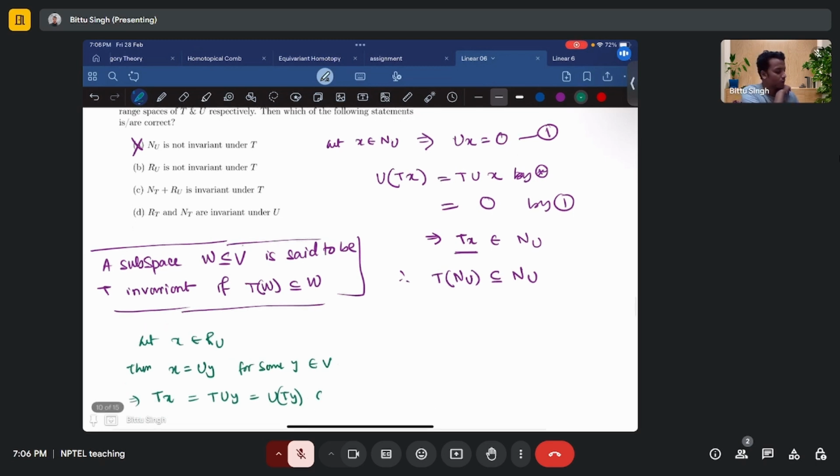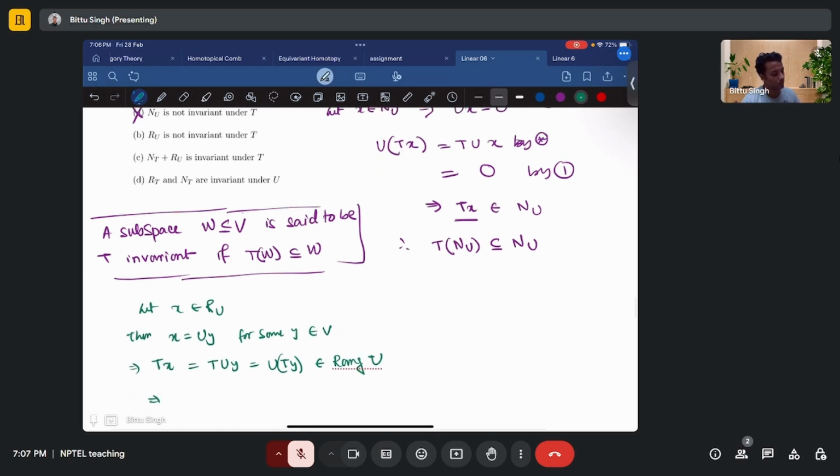So Tx belongs to the range of T, right? Range of U. What is the question? Ru is okay. We have taken an element from Ru, and Ru is T invariant, so this belongs to the range.